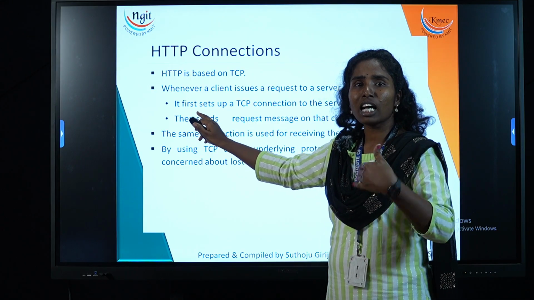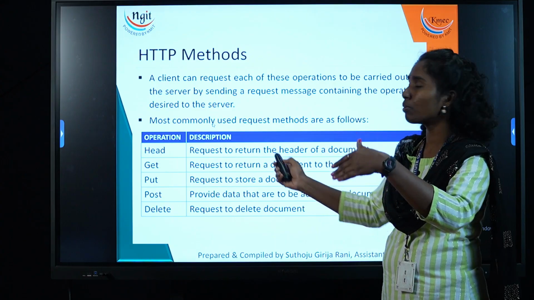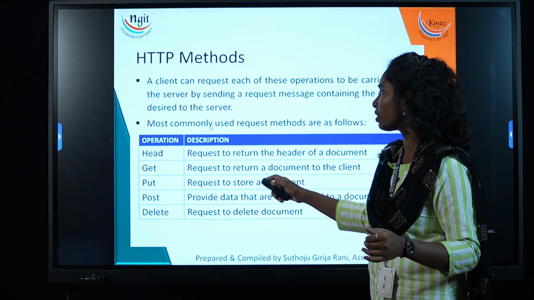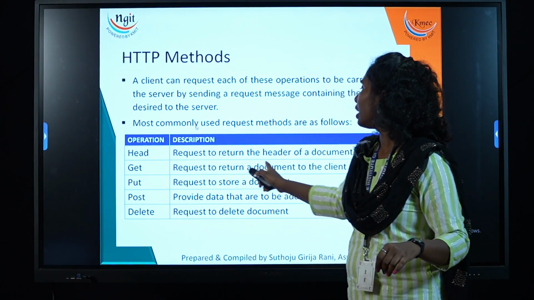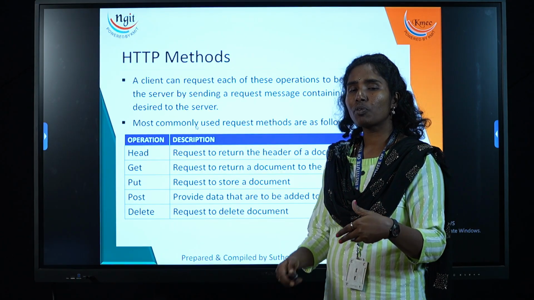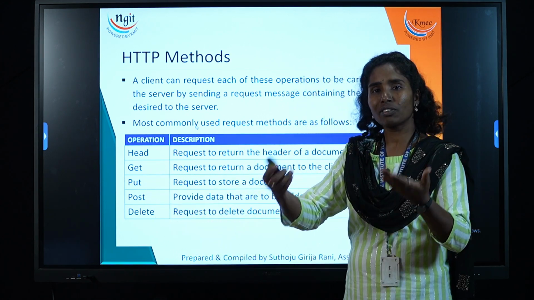Once the connection is established, the next process is the methods. The operations we are going to perform are head, get, put, post and delete. Head is the header of that particular document, that is, for what purpose we are writing that document. Get is to retrieve the document.